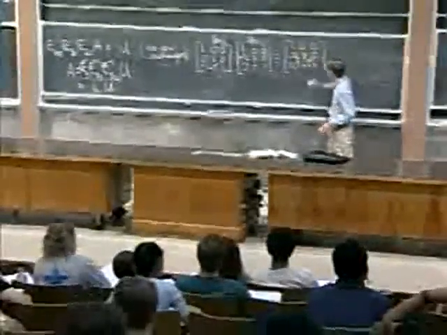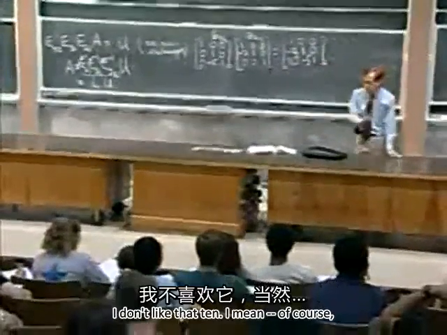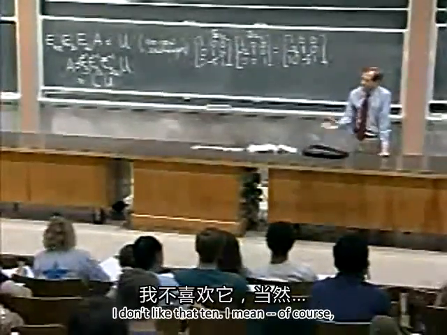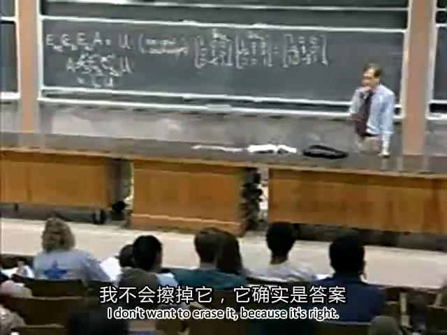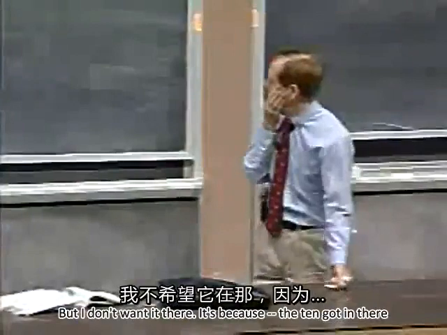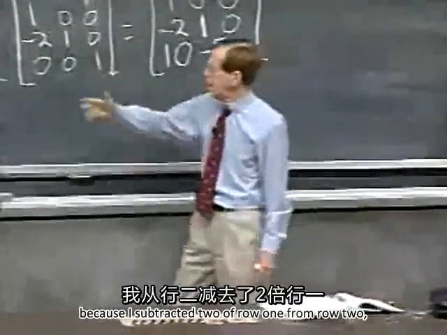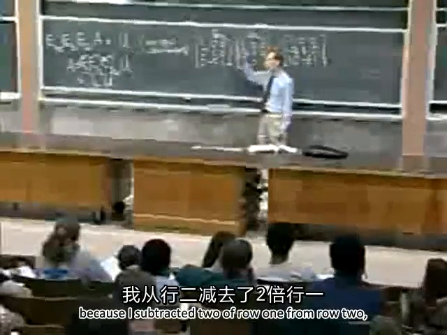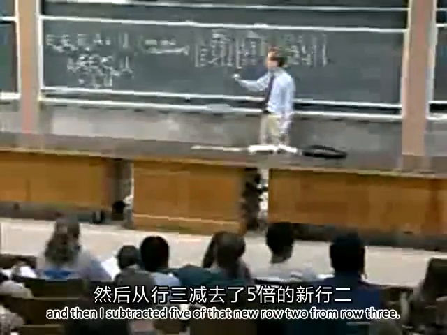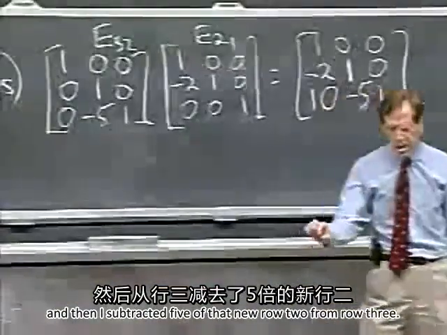What? It's that 10. How did that 10 get in there? I don't like that 10. I mean, of course, I don't want to erase it because it's right, but I don't want it there. It's because the 10 got in there because I subtracted 2 of row 1 from row 2, and then I subtracted 5 of that new row 2 from row 3.